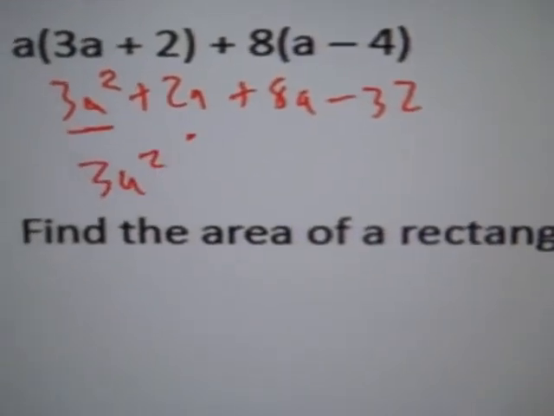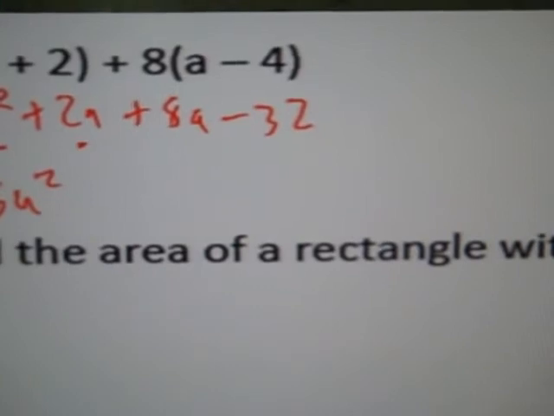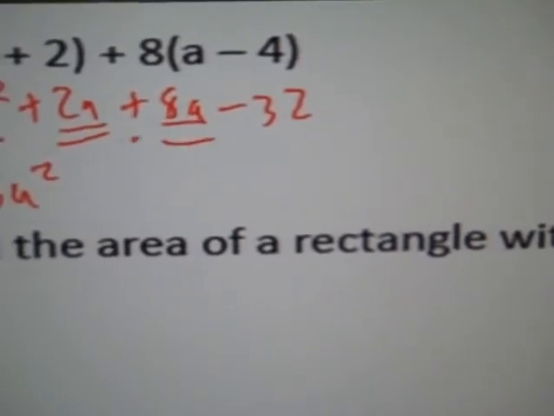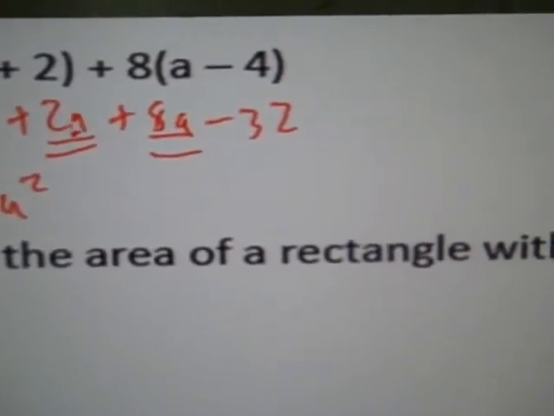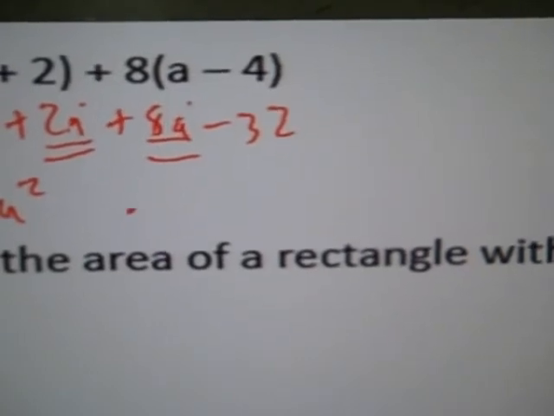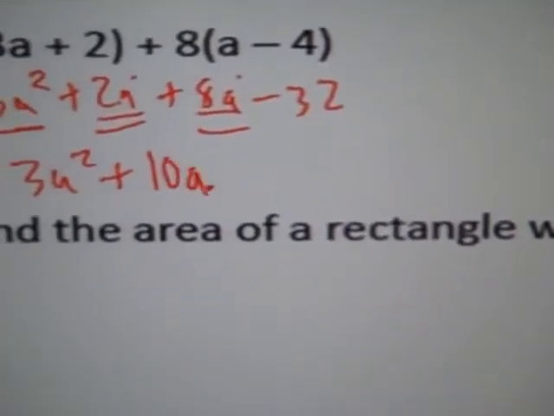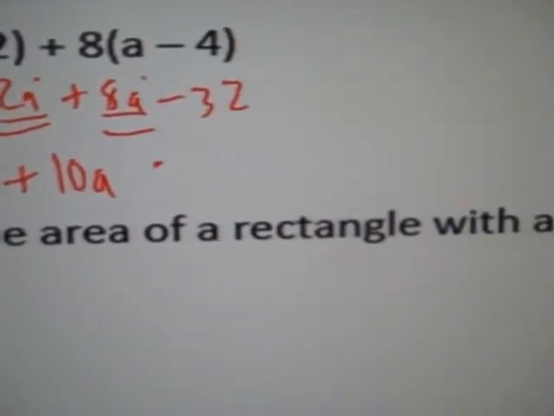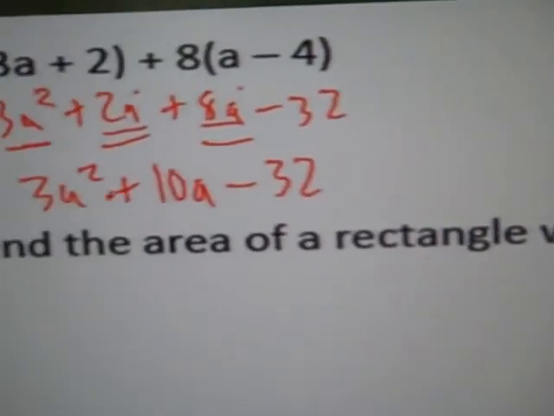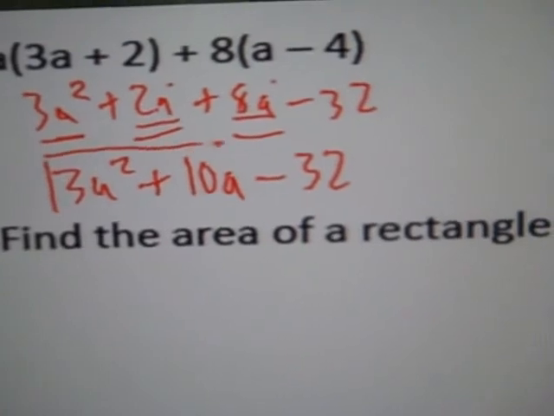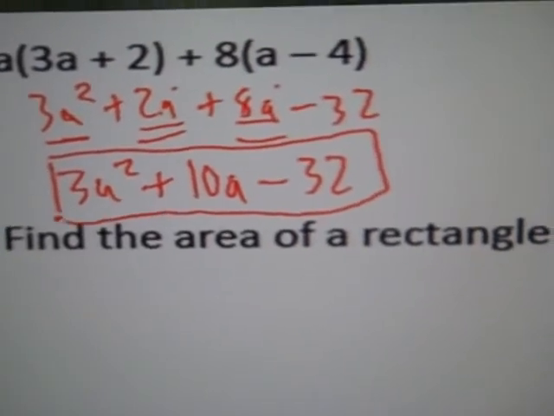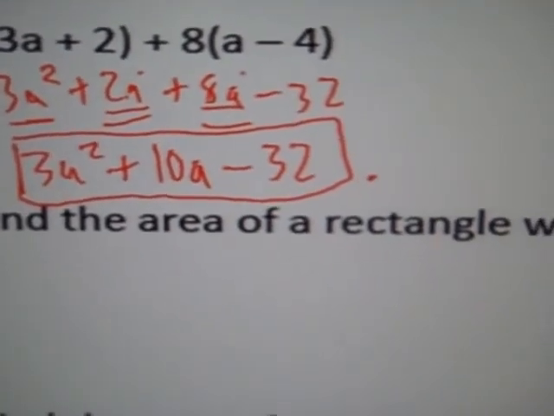I can't combine it with anything. The next two terms are like terms because they have same variable and same exponent, a to the first, a to the first. 2a and 8a give you a total of 10a. And the last term, negative 32, that stands by itself, can't be combined. And there's my answer, 3a squared plus 10a minus 32.